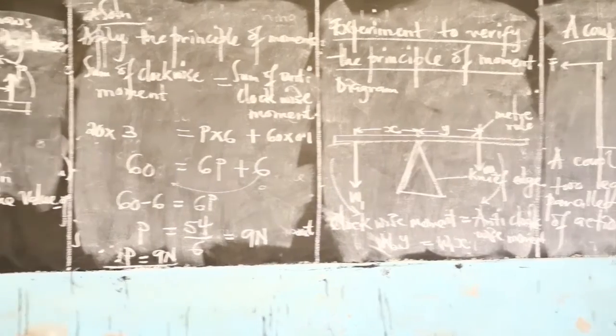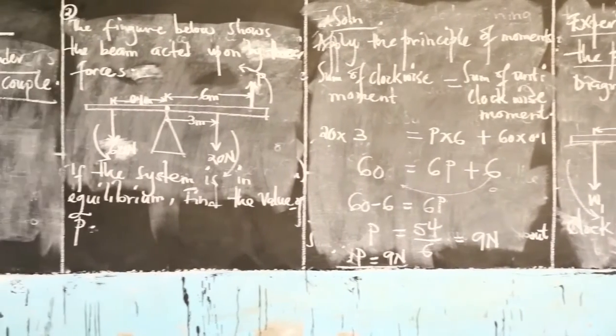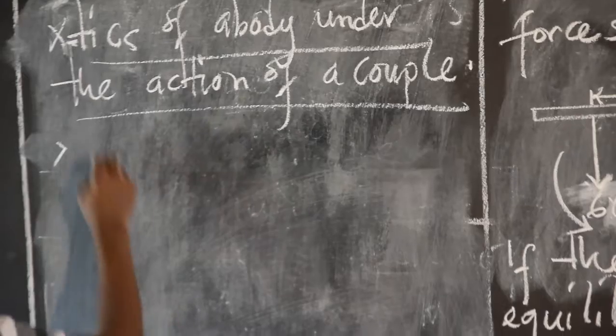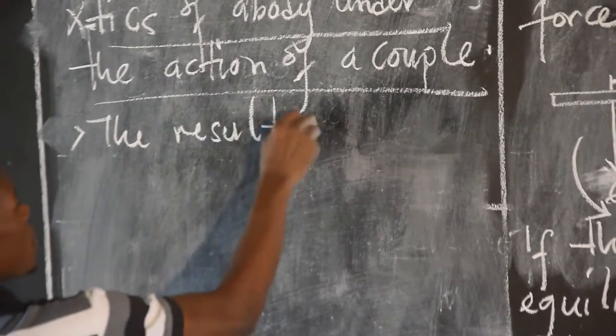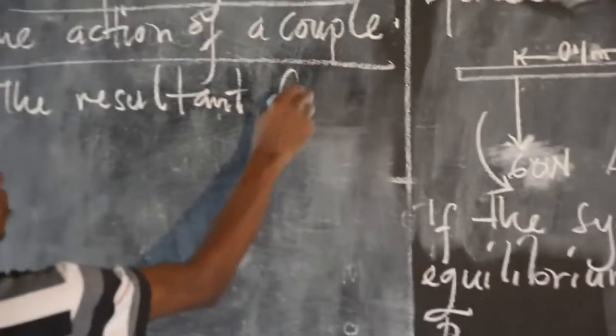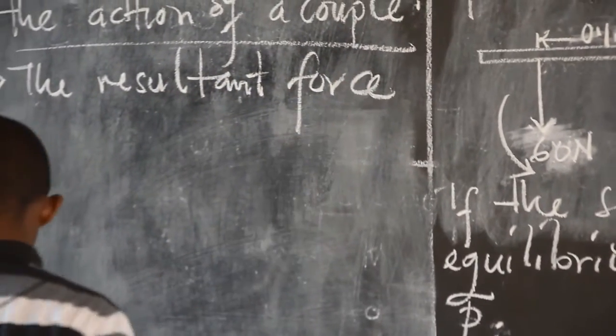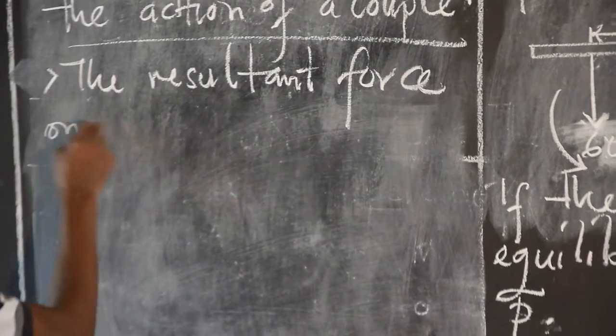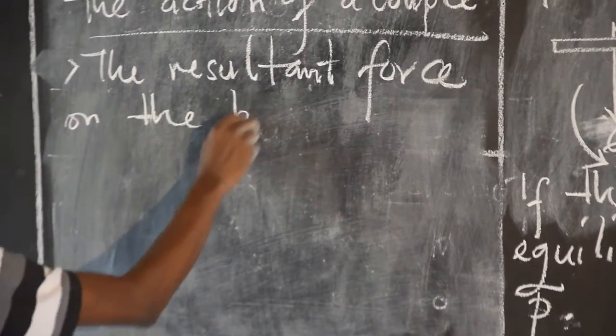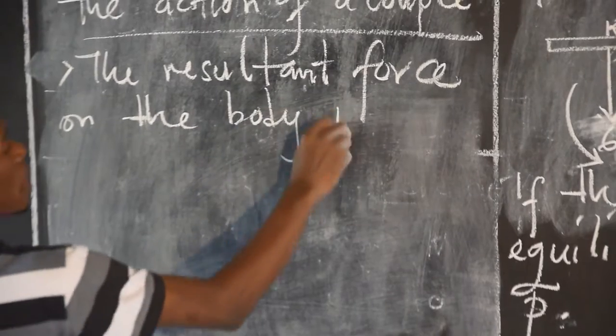That's why we're going to say, one, we say that the resultant force on the body is 0.